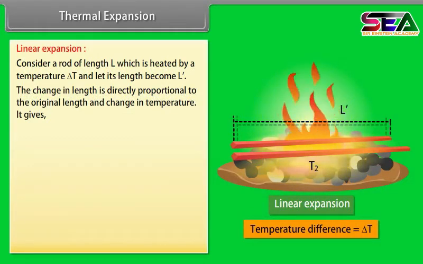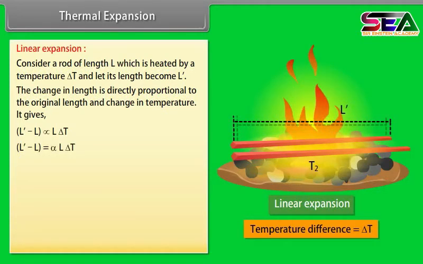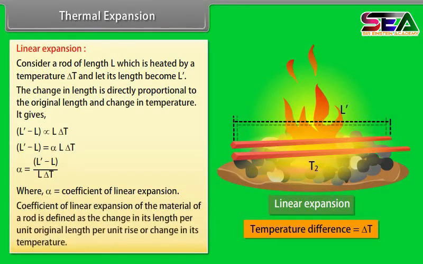It gives L' − L ∝ LΔT, or L' − L = αLΔT. The value of α = (L' − L)/(LΔT), where α is the coefficient of linear expansion. The coefficient of linear expansion of the material of a rod is defined as the change in its length per unit original length per unit rise in its temperature.